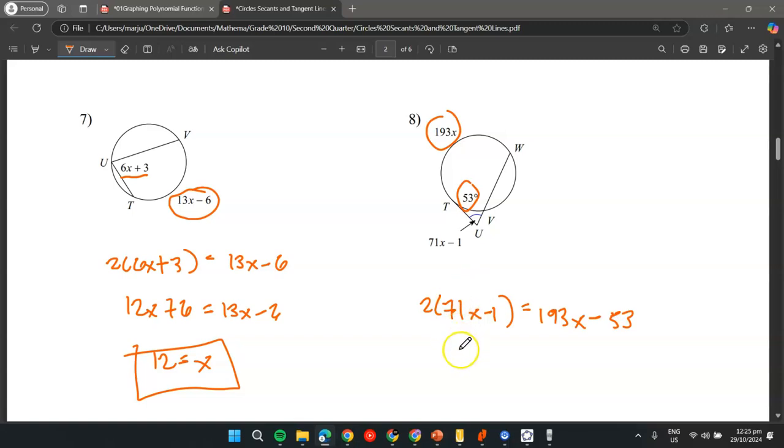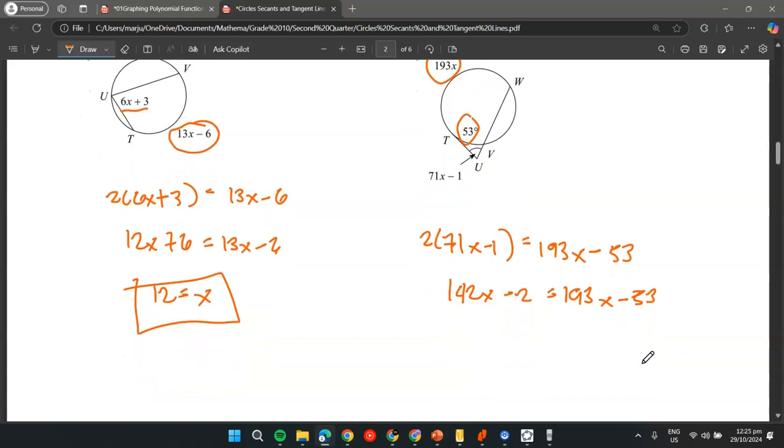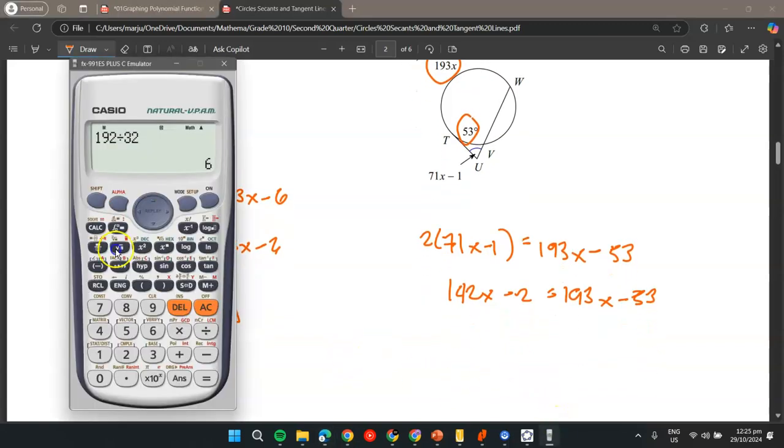And then this is just equal to 142x minus 2 equals 193x minus 53. So this will become, what is 193 minus 142?